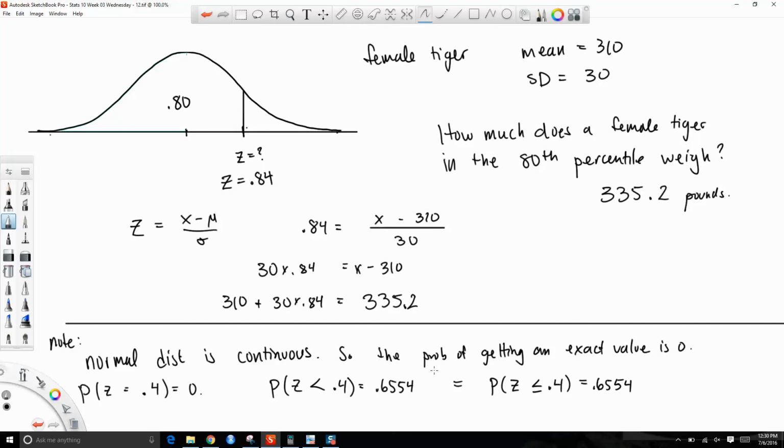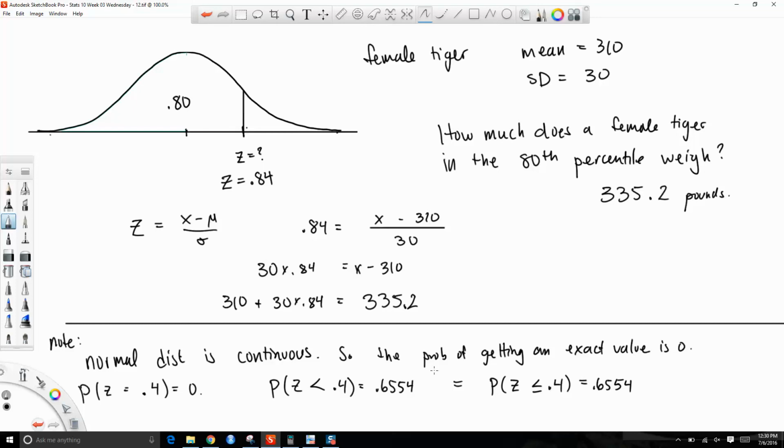So, what's the probability that something ends up being exactly this? What's the probability that a female tiger weighs exactly 335.2 pounds? The probability that a female tiger weighs exactly 335.2 pounds is 0. What's the probability that a female tiger weighs less than 335.2 pounds?